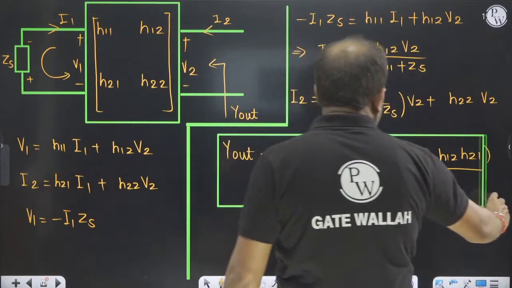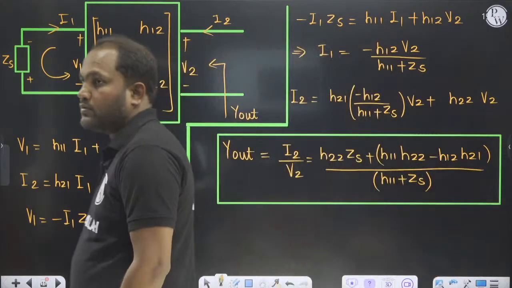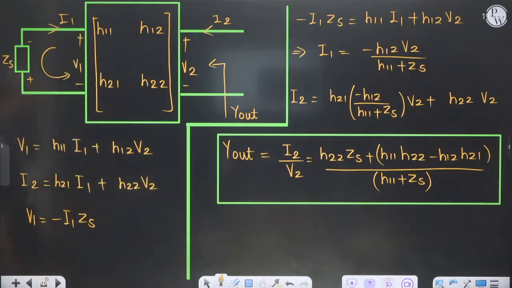Then we will go for Z out in terms of G parameter.